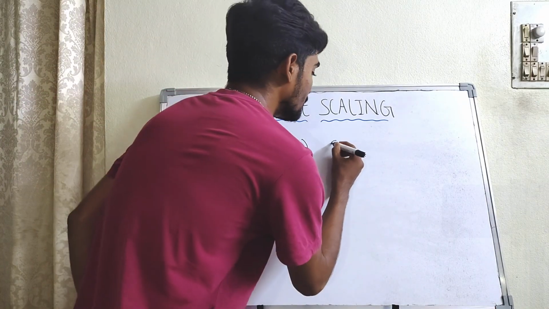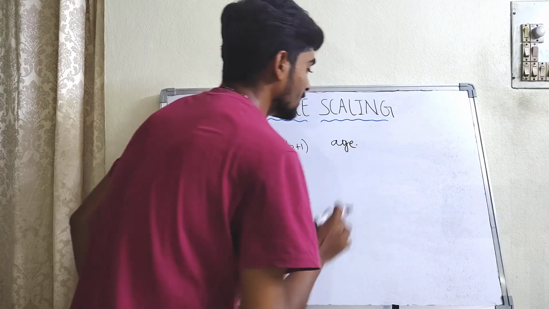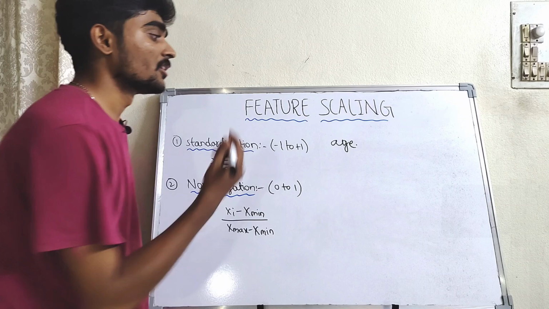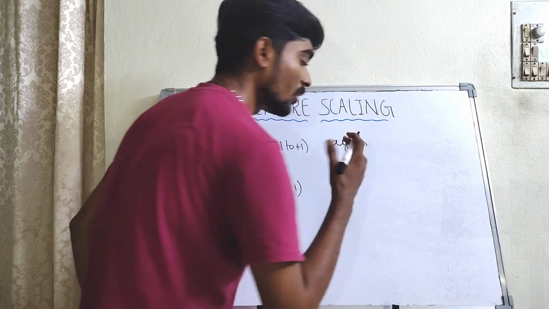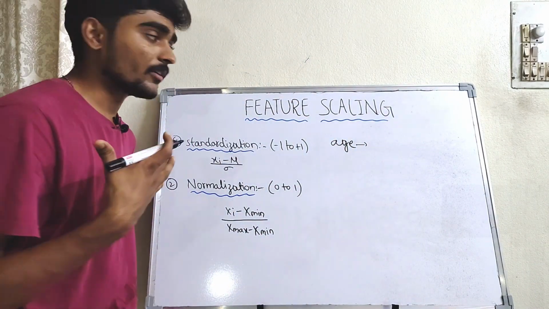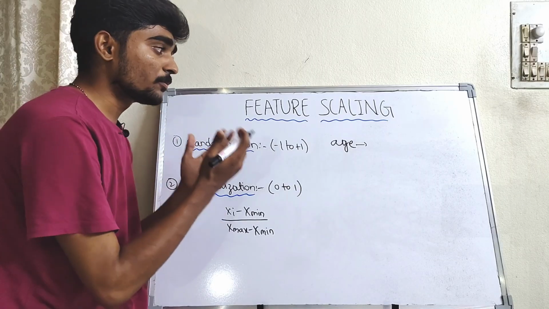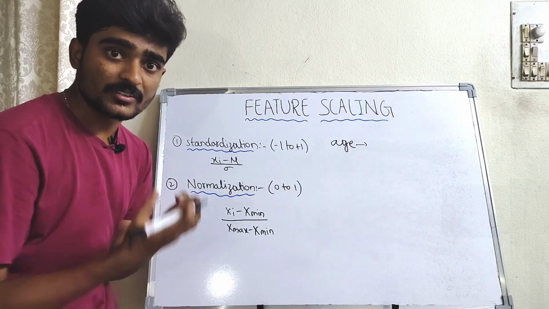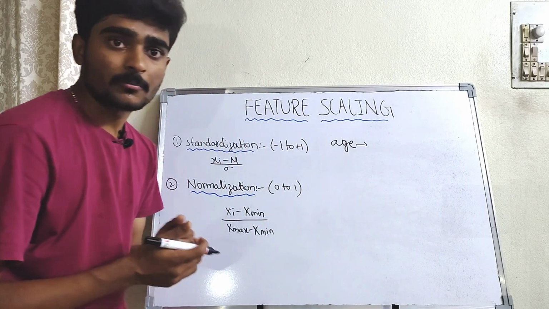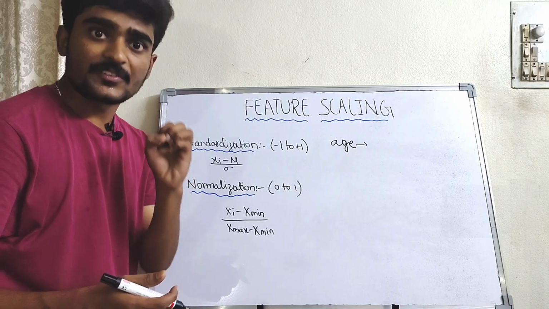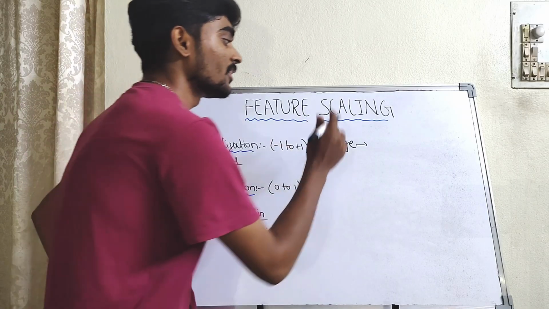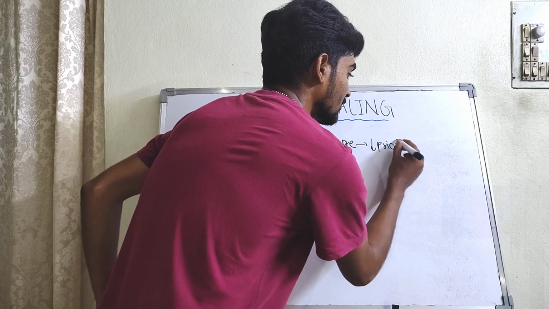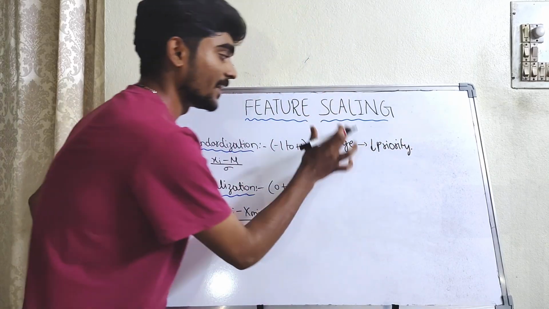Now, we have the age column. The age column is of low scale, we have lower numerical values. Due to the presence of these lower numerical values, our artificial neural network gives less priority, that is, less importance, to the age column.